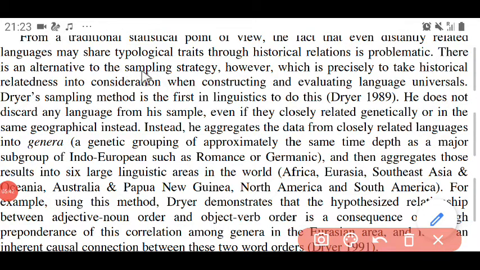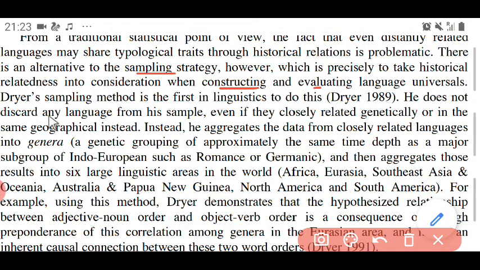There is an alternative to the sampling strategy, however, which is precisely to take historical relatedness into consideration when constructing and evaluating language universals. Dryer's sampling method is the first in linguistics to do this. Dryer, 1989.